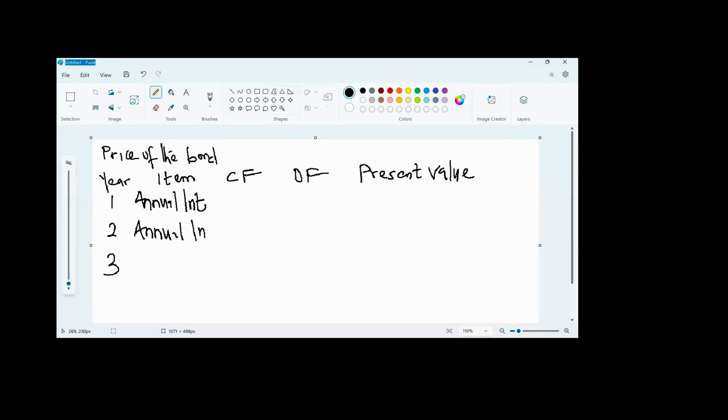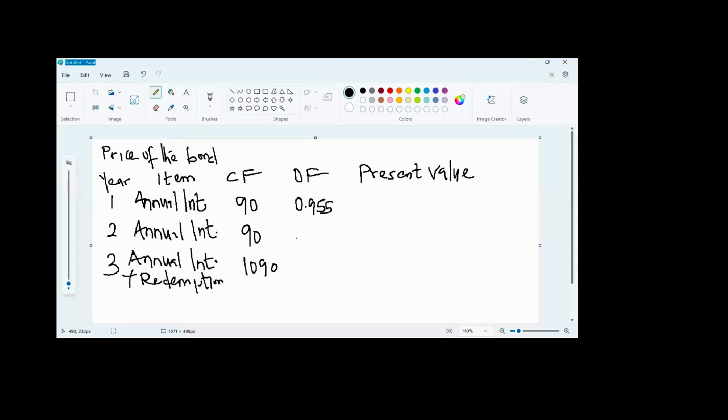In year 3, I have the annual interest plus the redemption value. This is 90 naira, 90 naira, 1,090.